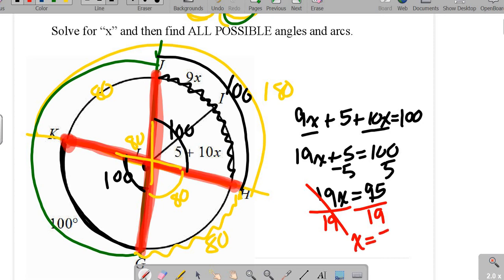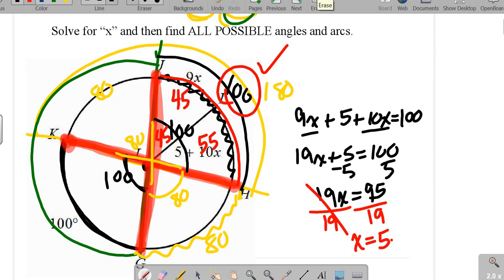And x equals 5. Let's actually check that. 9 times 5, that makes that 45. 10 times 5 is 50, that makes that 55. 45 and 55 do add up to 100. Check. Look very carefully and ask yourself, just kind of move your finger around. Did you find all the arcs? Did you find all the angles?